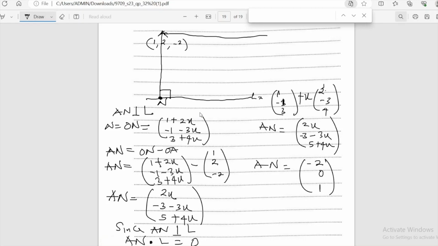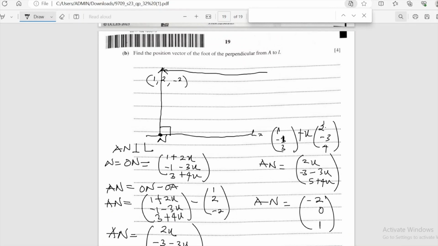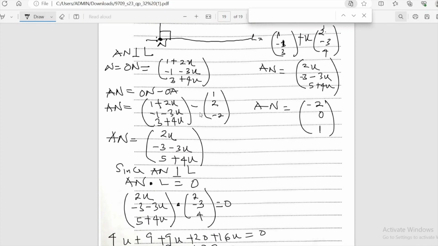The question asks us to find the position vector of the foot of the perpendicular from A to L. N is the foot of the perpendicular, so the vector I'm looking for is AN, which gives us minus 2i plus k. That's it.